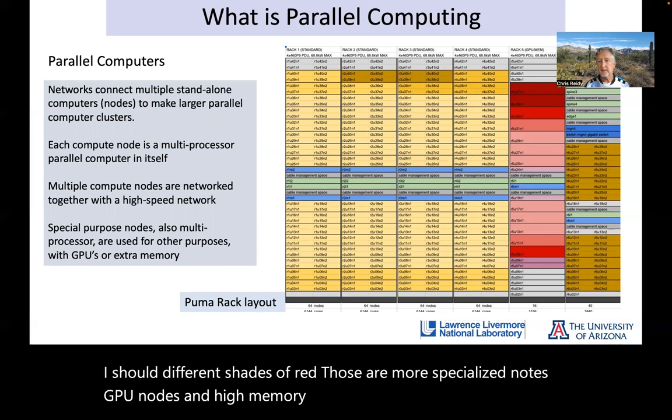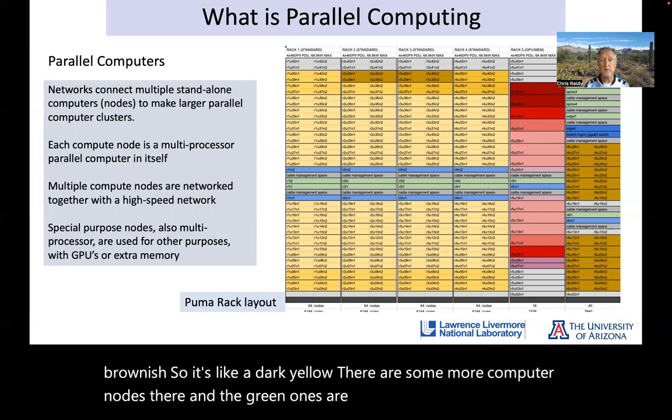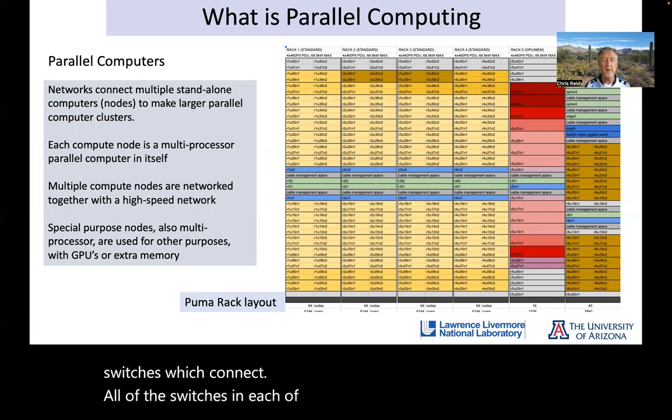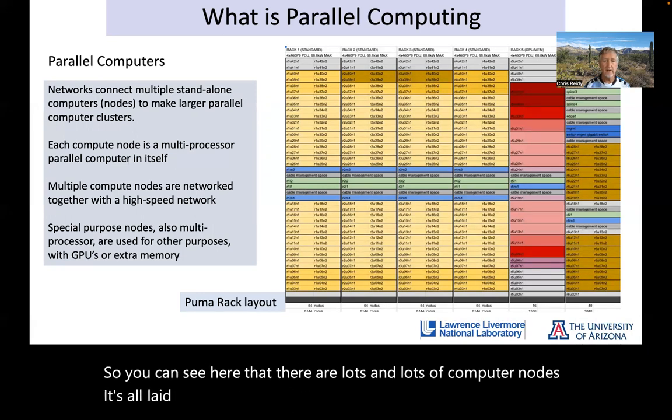Then rack 6, the dark yellow, has some more compute nodes, and the green ones are more switches. Those are spine switches, which connect all of the switches in each of the racks to each other. You can see there are lots and lots of compute nodes, all laid out very logically and connected together by the green switches.